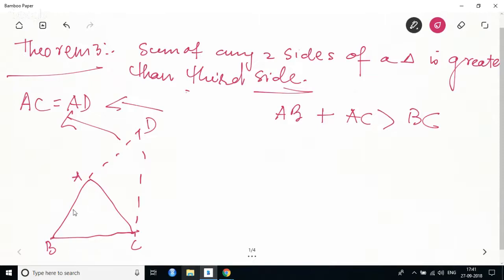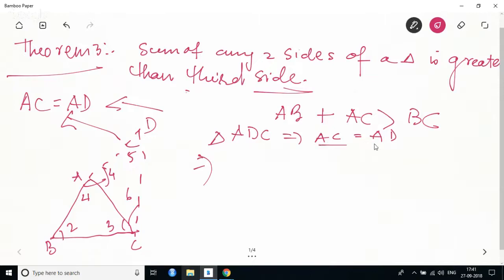Now suppose this is angle 1, this is 2, this is 3, this is 4, this is 5. I've changed the angles, 6. So in triangle ADC, AC is equal to AD. Now if AC is equal to AD, angle opposite to AC, angle 5 is there. Opposite to AD, angle 6 is there. So angle 5 is equal to angle 6.